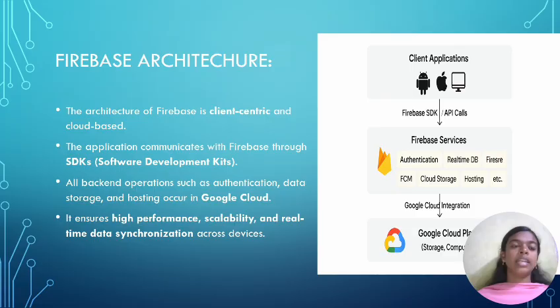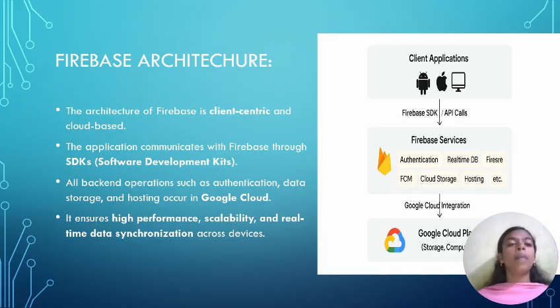Next is Firebase architecture. Let's see how Firebase actually works. The architecture is client-based and cloud-based. That means your app, which is the client, directly talks to Firebase using the SDKs. SDKs are just a set of tools provided by Firebase to help us connect our apps easily. When a user logs in, sends data, or uploads a file, everything happens inside Google Cloud Firebase.